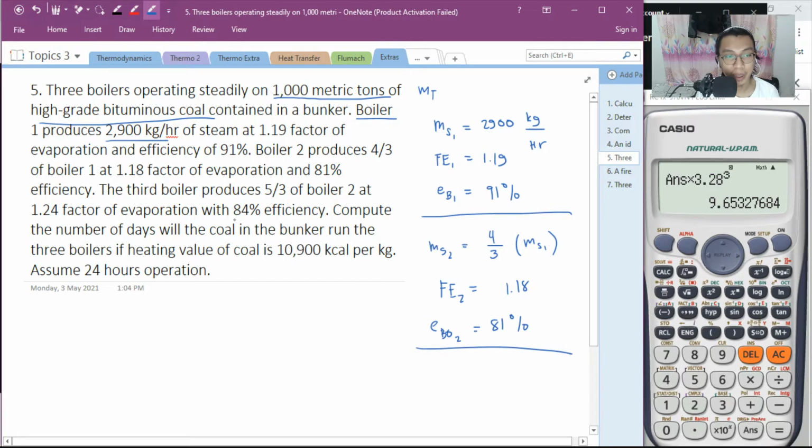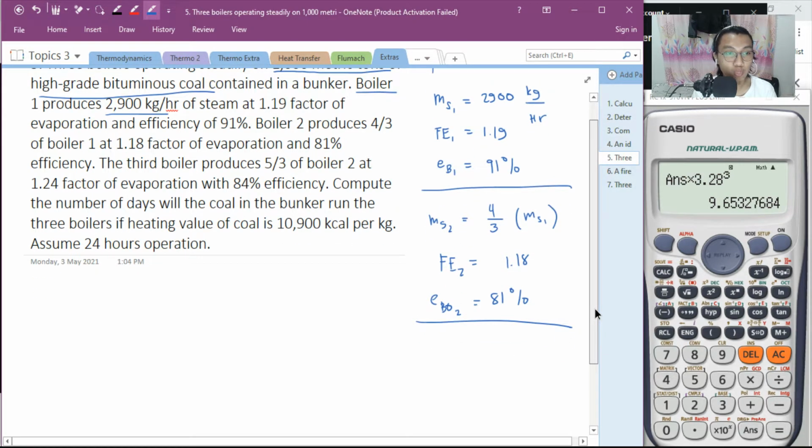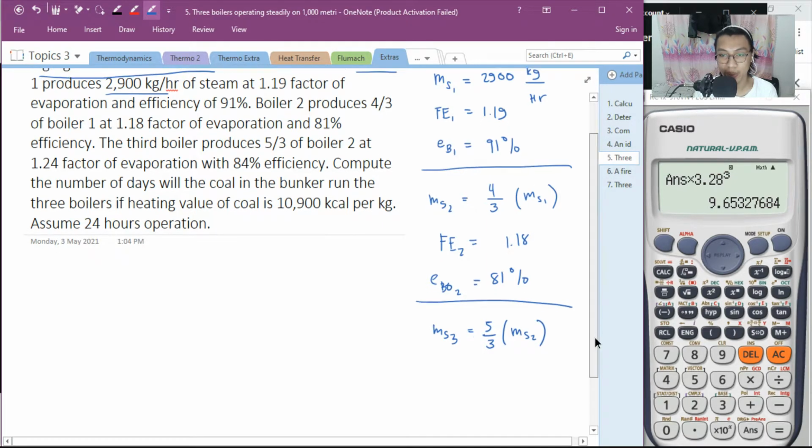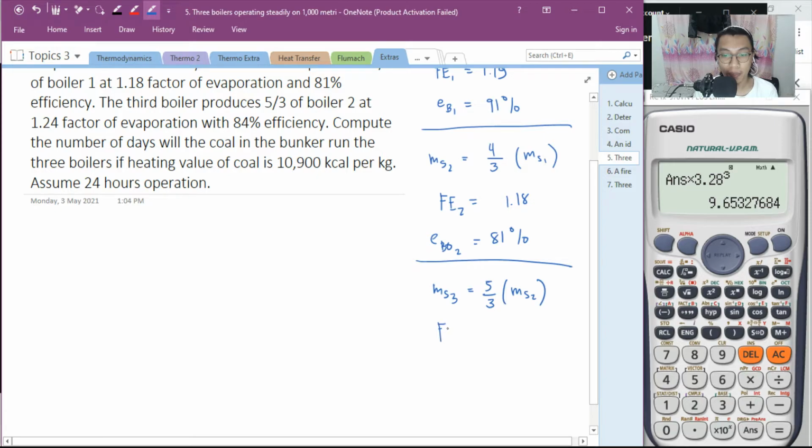How about yung pangatlo? The third boiler is 5/3 of boiler 2. So, yung mass of steam production niya is 5/3 nung boiler 2, MS2. And then, the FE nun is equal to 1.24.